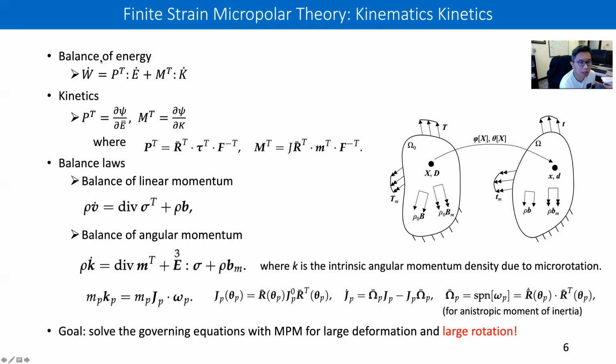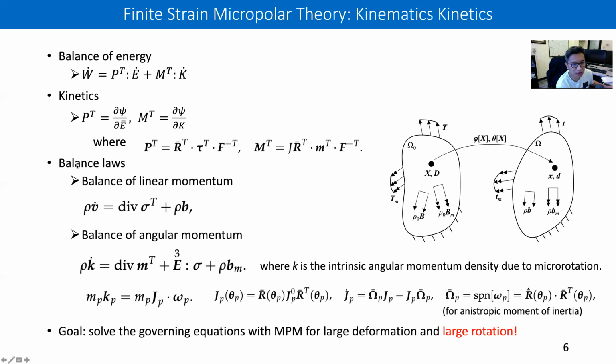So we would have the balance of energy, which is related to the energy conjugate between the couple stress and the rate of change of the curvature, and then the micropolar first Piola-Kirchhoff stress or the second Piola-Kirchhoff stress corresponding to the rate of deformation.